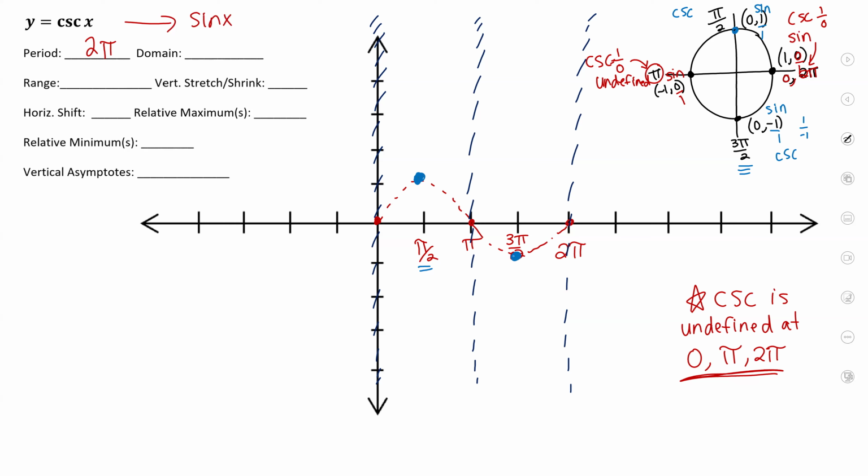Okay, we can continue going around the unit circle. I'm just going to do one just so you can see it. Do you need to plot it? No, I'm just going to show you. Here, this is the angle pi over 4. What is the value of sine at pi over 4? Yes, square root of 2 over 2. So if you flip it, cosecant at pi over 4, you have to flip it. What will you end up getting?